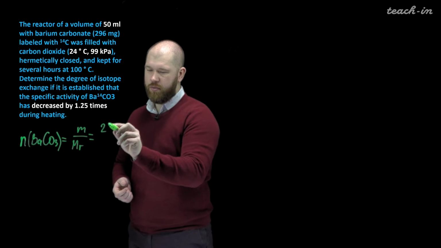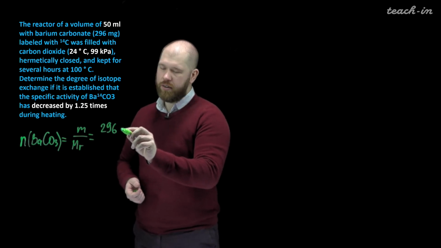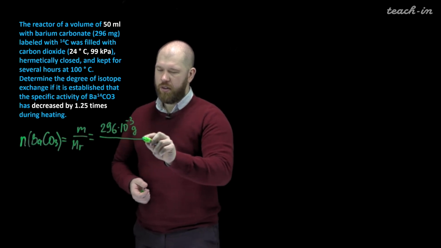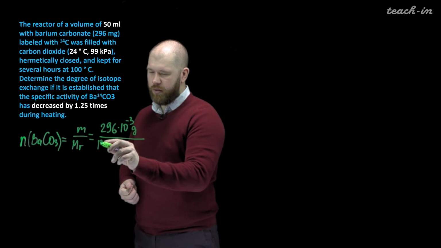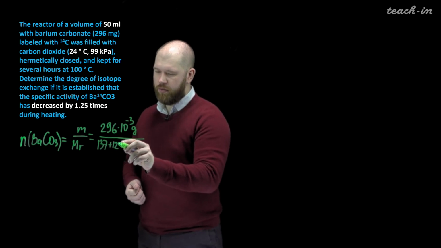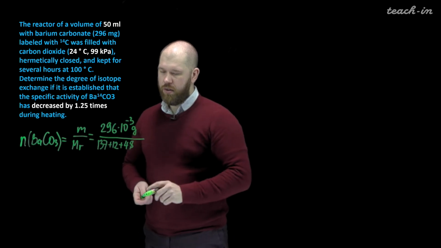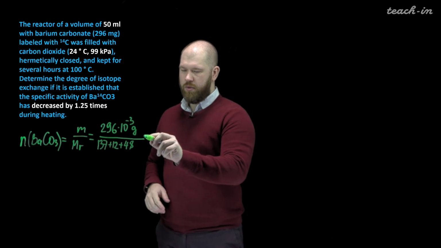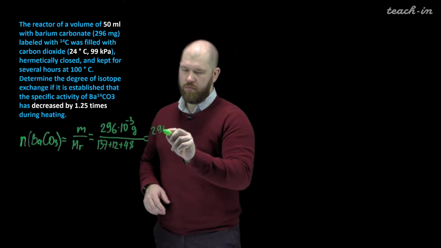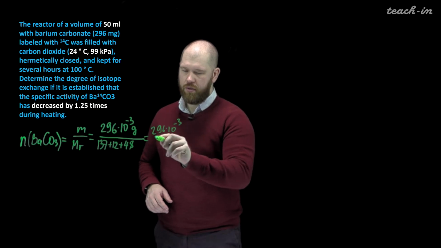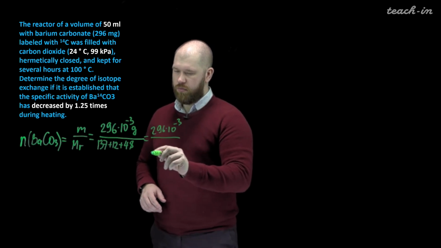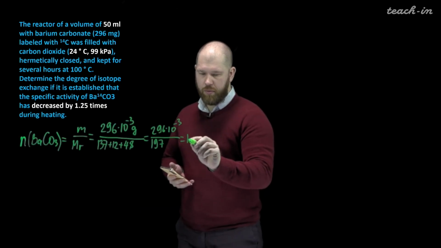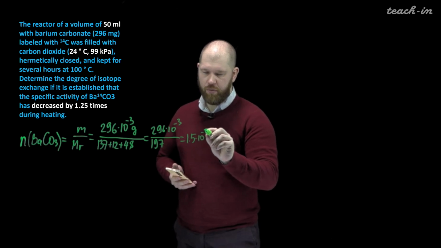So it is 296 milligrams, so 10 to minus 3 grams, divided by the molar mass, it is 137 plus 12 plus 48. So it will be 10 to minus 3 divided by, so it will be 1.5 10 to minus 3 mole.